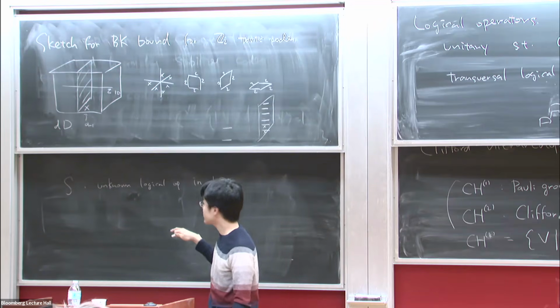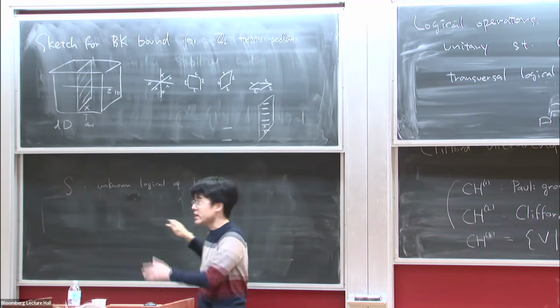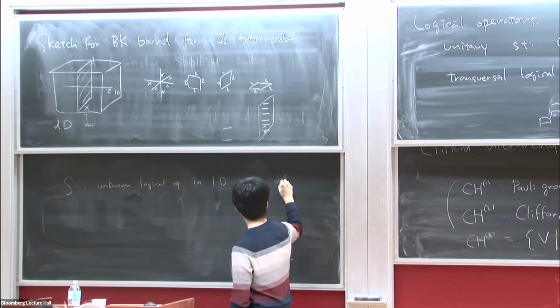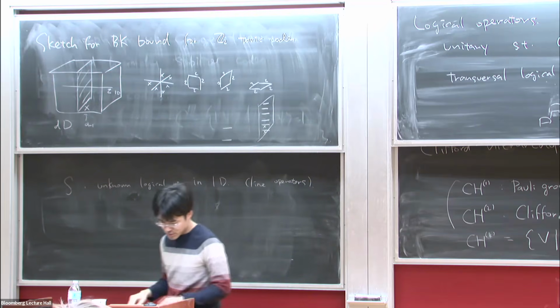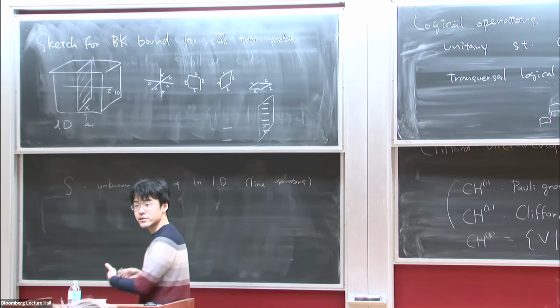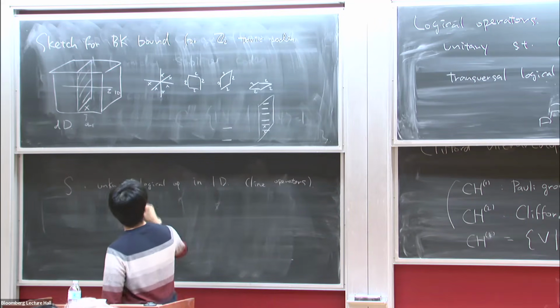Let's say we have some unknown line operators. Essentially, the Bravyi result is just about the dimensionality of the operators.